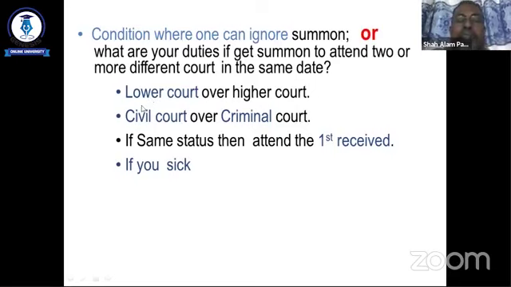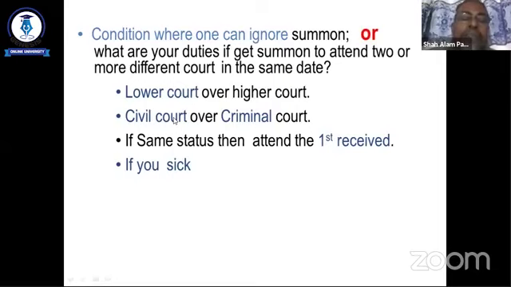If you get summons from both a civil court and a criminal court to attend on the same date, you will first attend the criminal court and ignore the civil court, but you have to give information to the civil court that on such and such day I will have to attend the criminal court.